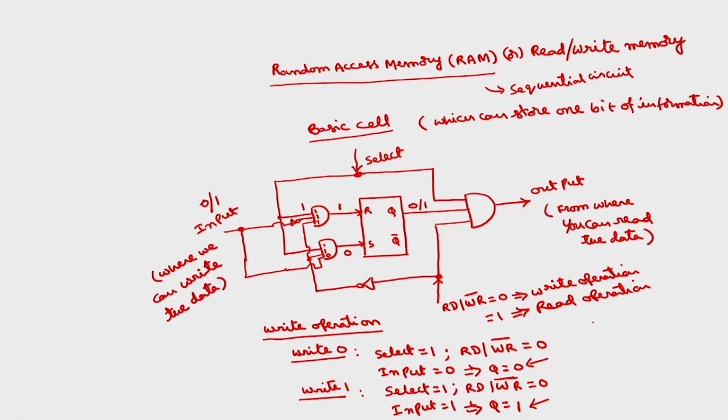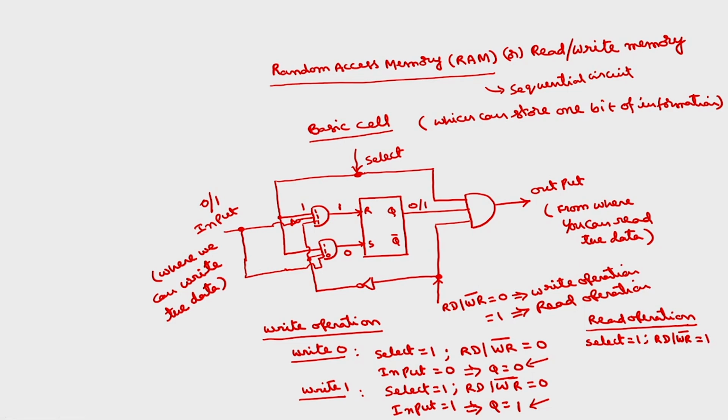So what about the read operation? For the read operation, you have to read from this output point. Select should be 1 regardless of whether it is a read or write operation, select must be 1. Now read by write bar should be 1 because it is a read operation.